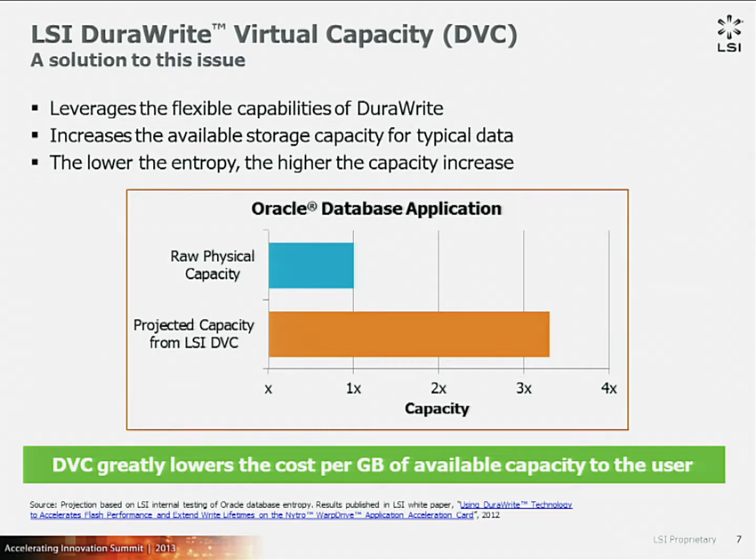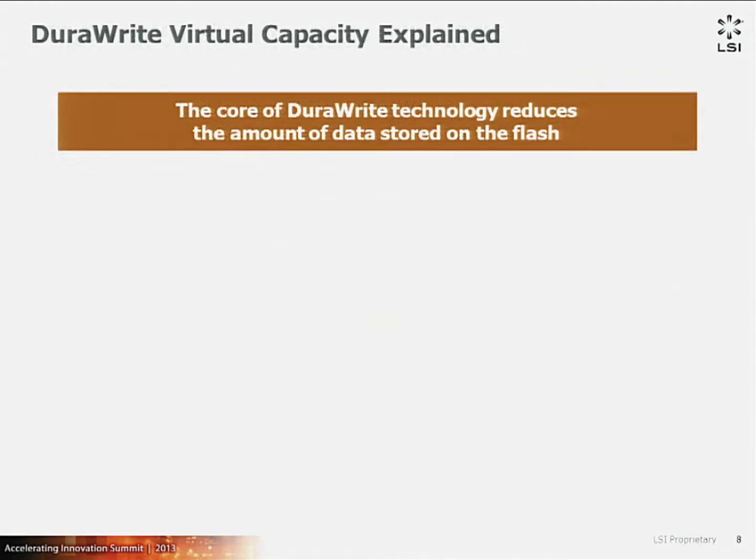Or in other words, if you started with 128 gigabytes worth of data, you could actually get over 384, probably close to 400 gigabytes of that same kind of data into 128 gigabytes of flash. So it's a huge advantage, a huge capacity increase for the user, or in this case for the database itself.